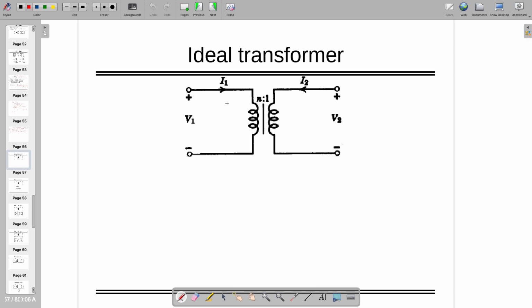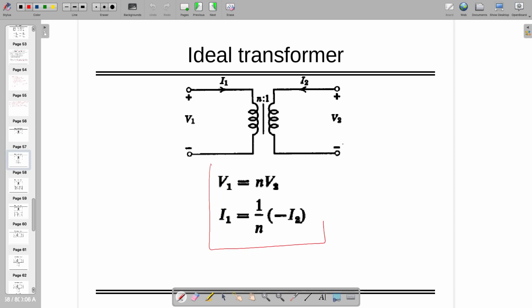This side is known as primary, this side is known as secondary, and if this side is V1 and this side V2, and the current flowing through primary and secondary are I1 and I2 respectively, then we can write V1 is equal to n times V2 and I1 is equal to 1 by n times minus I2. Are you aware of these equations? Yeah. So because of these n turns, you will have n times V2 available at the output.